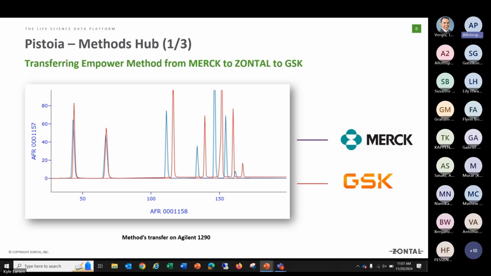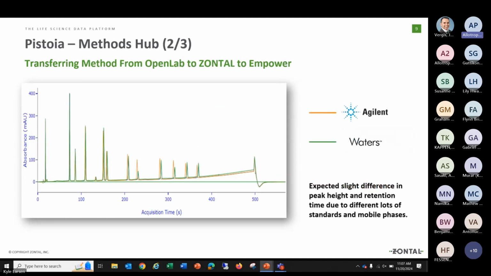It's a little bit off, but that's something that was totally anticipated. The second step that they wanted to do was transfer the methods from OpenLab to Empower. That worked extremely well. There's a little bit of difference because they used different lots for their standards.